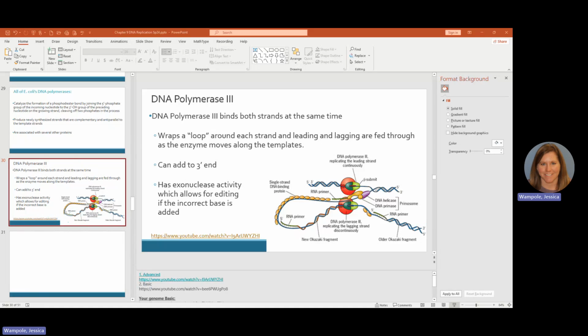My master's degree was in DNA technology, not molecular biology. So I never learned a lot about the other polymerases aside from the common ones that are doing synthesis and the exonuclease, polymerase 1.